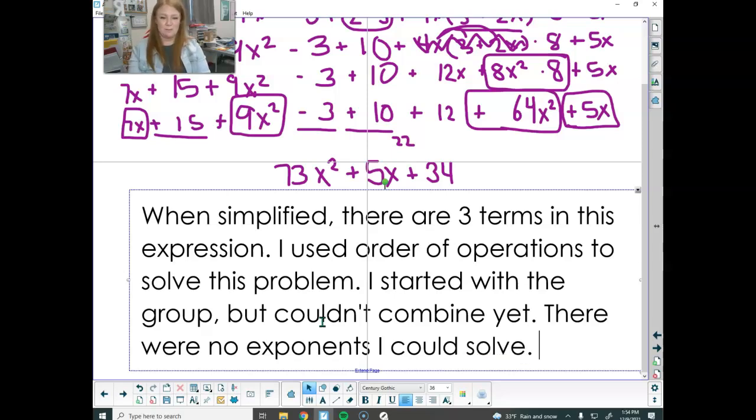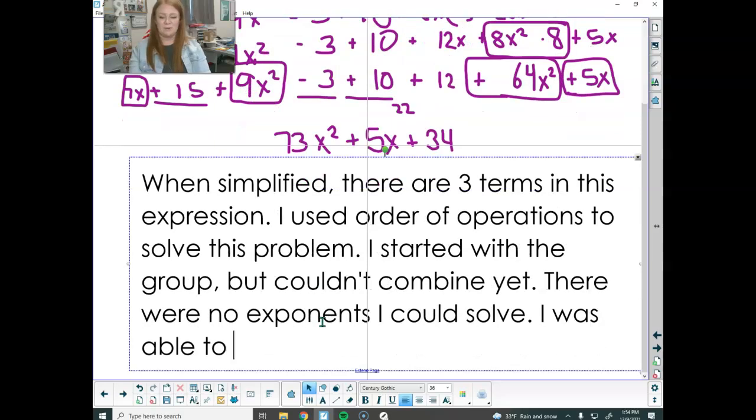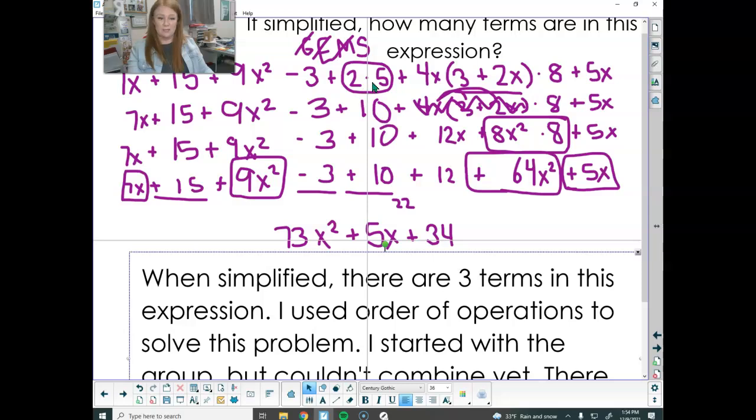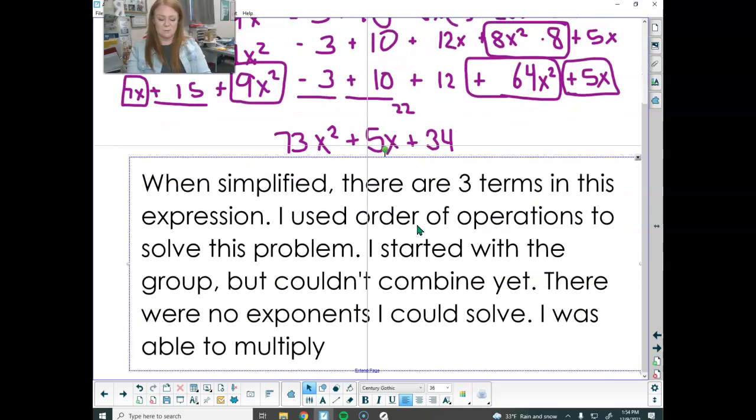So then I went to multiply. I was able to multiply, so looking at my work, oh, I did 2 times 5, so I was able to multiply 2 and 5.